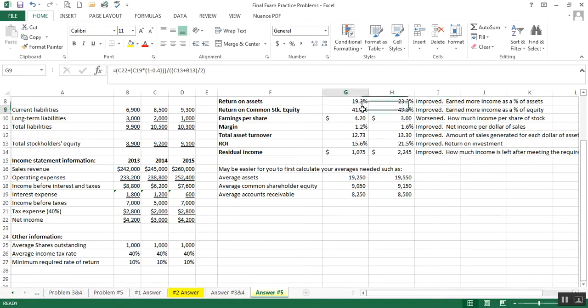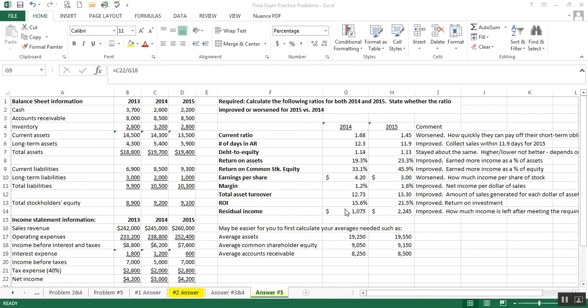Then we're going to look at our return on common stockholders' equity. And if you remember, return on stockholders' equity is actually going to be our net income minus any preferred dividends. So in this case, we don't have any preferred dividends, so it would just be our net income of $3,000 divided by our average common shareholders' equity, which we had calculated previously down here.